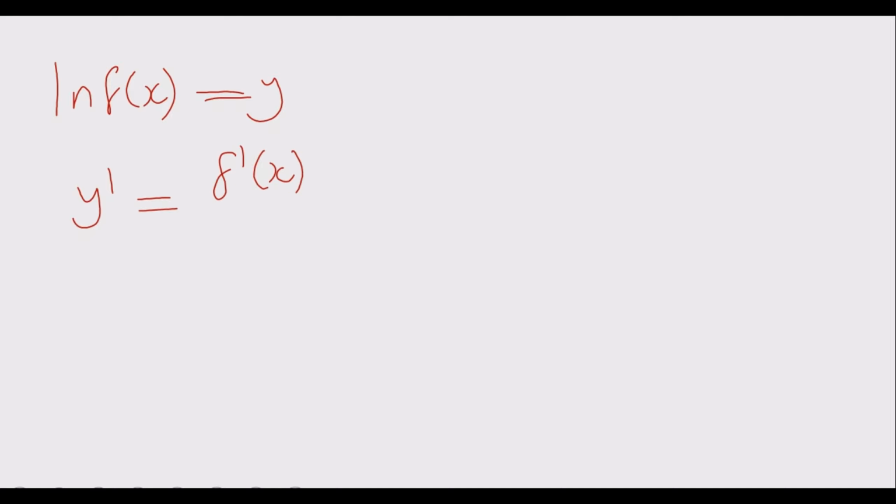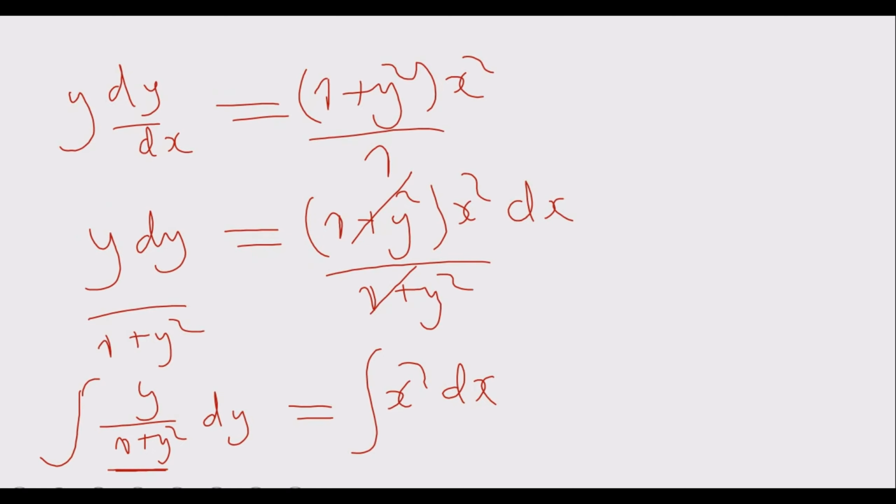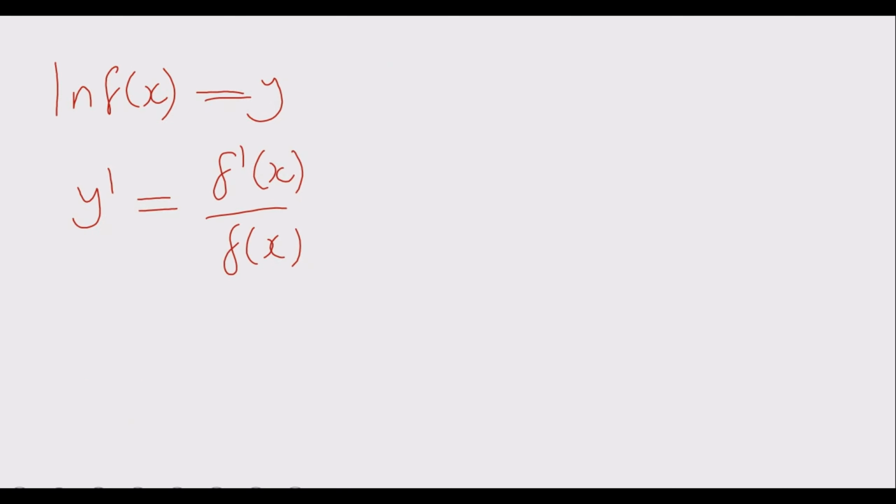Now we are applying the natural log property of integration or differentiation. If we differentiated ln f(x) to find y prime, it would give the differential of f(x) over f(x). So the f(x) differential is the numerator, and f(x) is the original function.